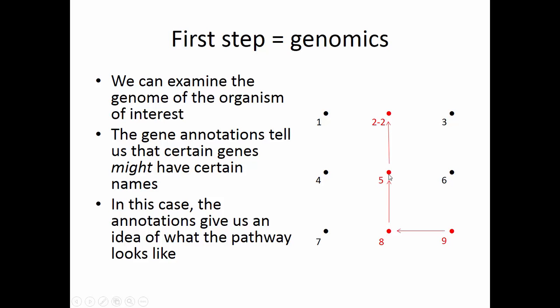And 8 to 5 here, that could be an 8-ase, let's just say. And that makes number 5. And then eventually this hypothetical enzyme makes 2 moles of 2 out of 1 mole of 5. So this is giving us an idea of what the pathway looks like. Are we done? Not by a long shot. But we have a little more of an idea of where we're heading.